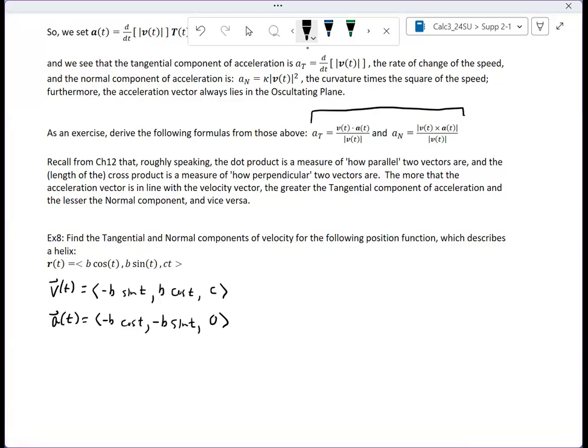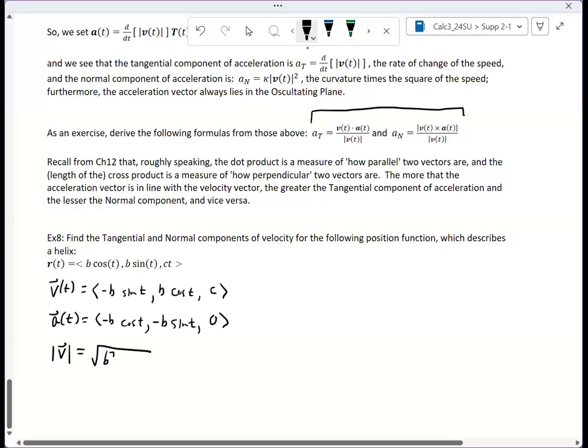I can find length v and get that out of the way. Length v is the square root of b squared sin squared t plus b squared cos squared t, which is just b squared, and then plus c squared.